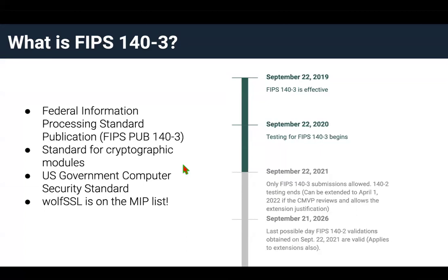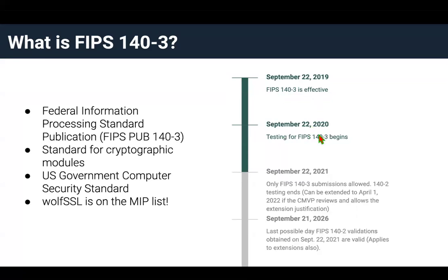So on this slide, what we're showing is a timeline of the 140-3 process. 140-2 is currently being phased out. It will completely go to end of life in September of 2026, and the new 140-3 standard is replacing it. 140-3 testing came online in late 2019, and then you could start doing submissions in late 2020.